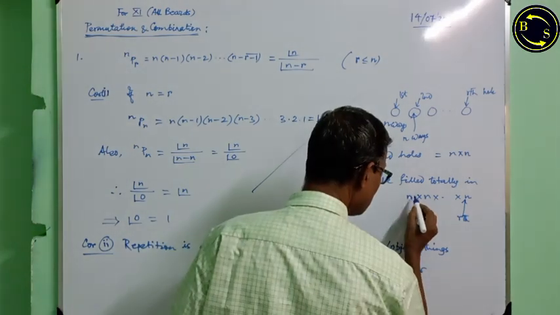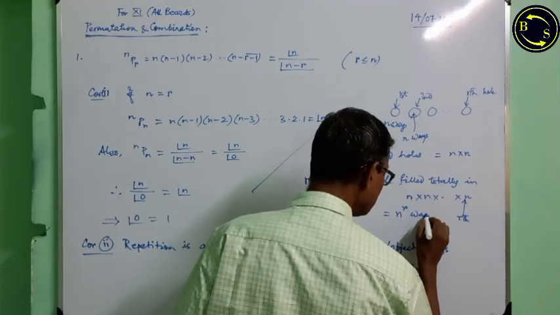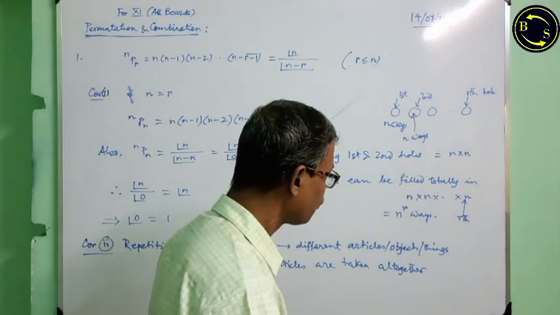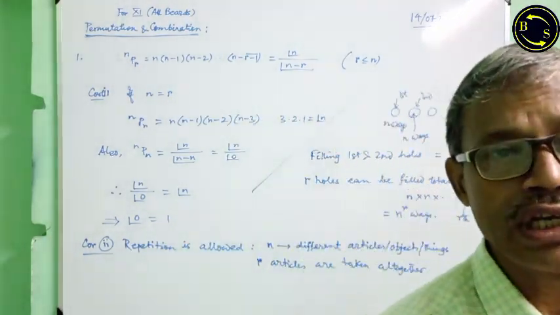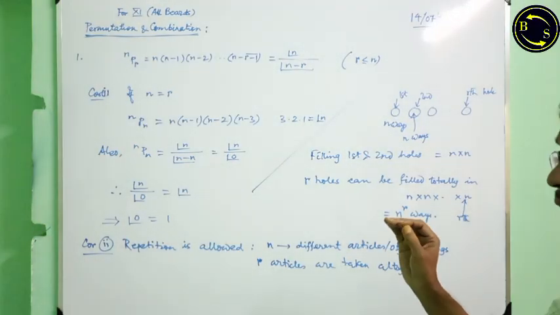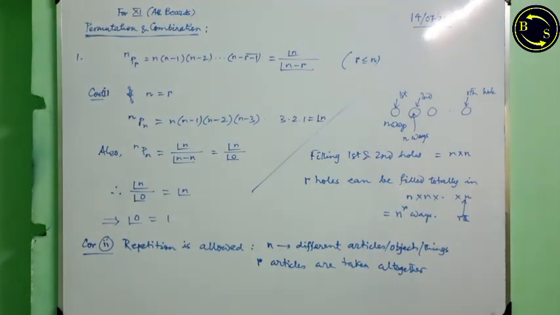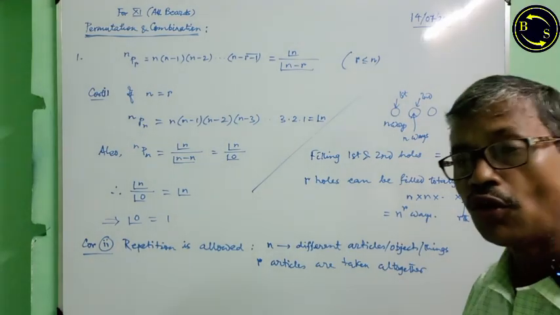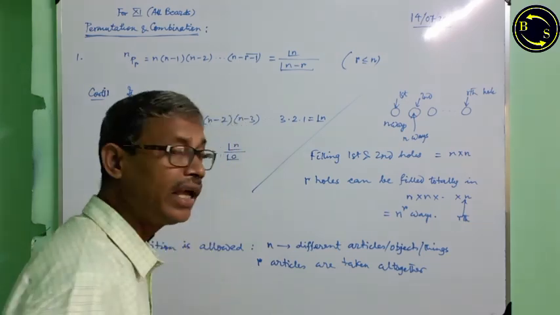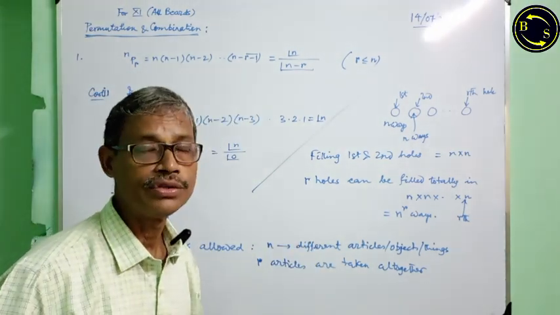That means finally n to the power r. Therefore, it is clear that if repetition is allowed, r holes can be filled by n different articles, or we say simply n articles, in n to the power r ways.